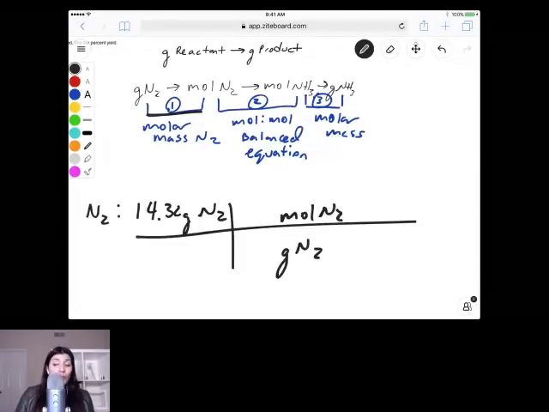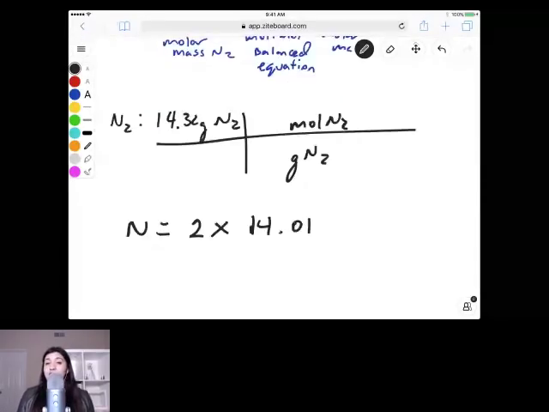This is just the molar mass of nitrogen. Remembering molar mass, this is really saying 2 times the mass of one individual nitrogen. Nitrogen's mass, looking at your periodic table, is 14.01. So we'll multiply those two together and you get 28.02 grams per mole.